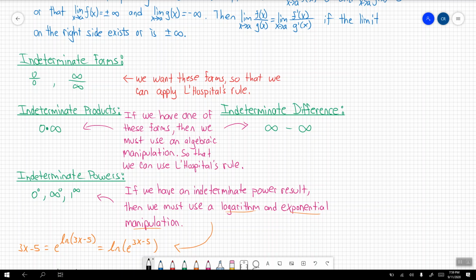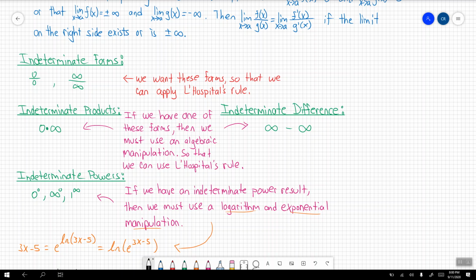Anytime you get an indeterminate difference or an indeterminate product, use some type of algebraic manipulation so that we can use L'Hopital's rule. Because if we get an indeterminate difference, we'll be able to perform some algebra to get into either 0 over 0 or infinity divided by infinity. Same thing for the indeterminate product. There has to be a way for us to do some algebraic manipulation to arrive at 0 divided by 0 or infinity divided by infinity.